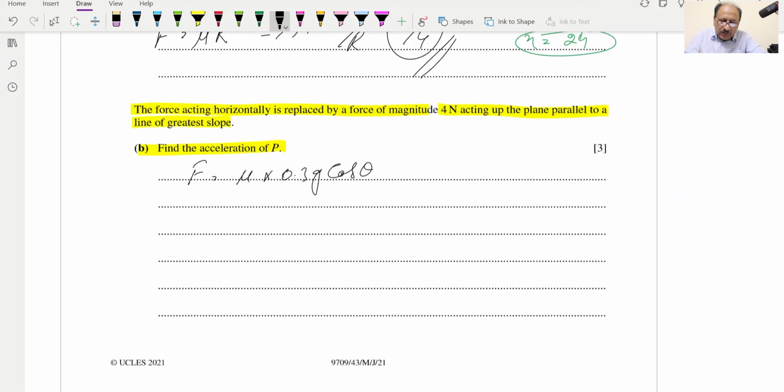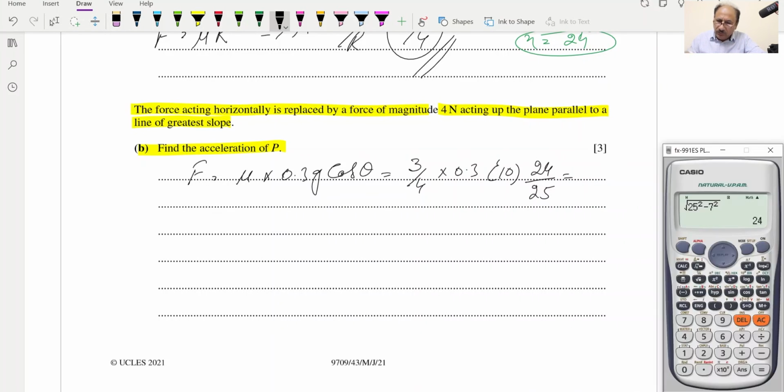Mu value now we have is 3 by 4, and g will be 10, and cos theta will be 24 by 25, and we can calculate this value.